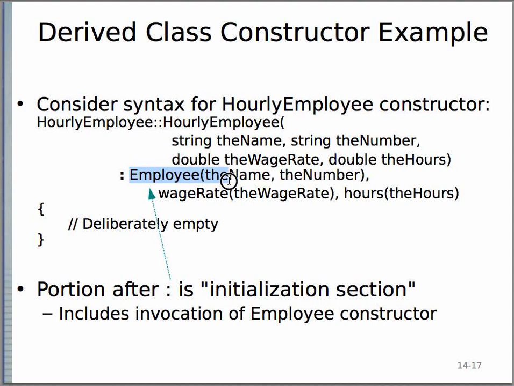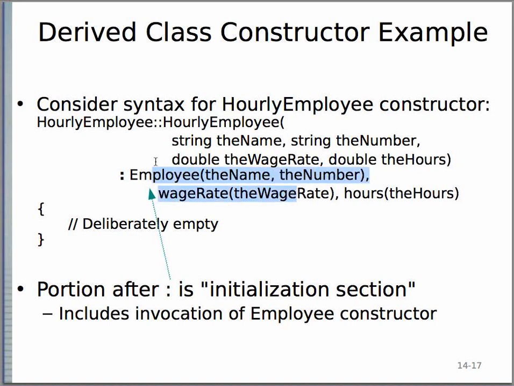So you call the constructor of the superclass, you initialize your own data members, that is the data members of hourly employee, not inherited from the employee class. Everything that you inherit from employee, you should have the employee class constructor initialize.